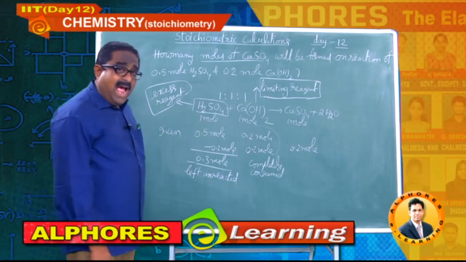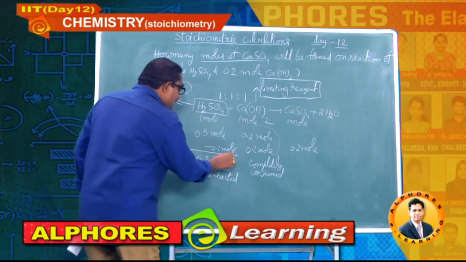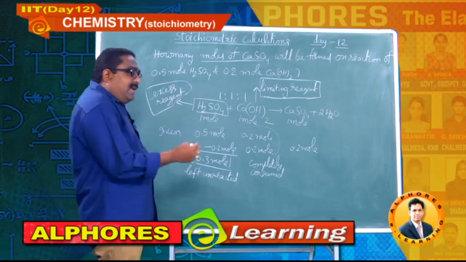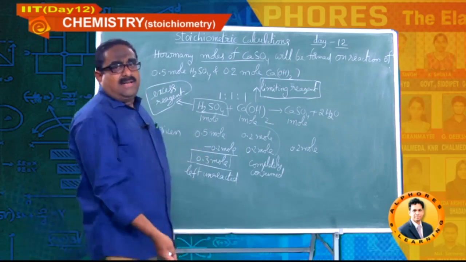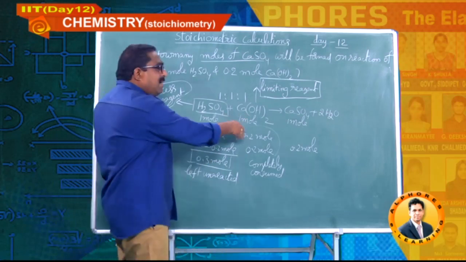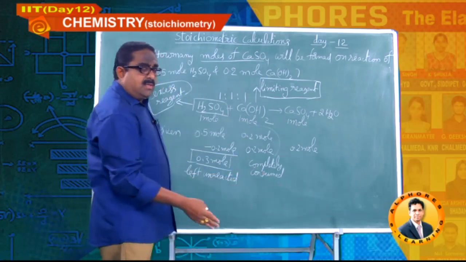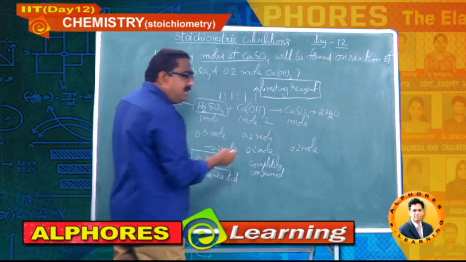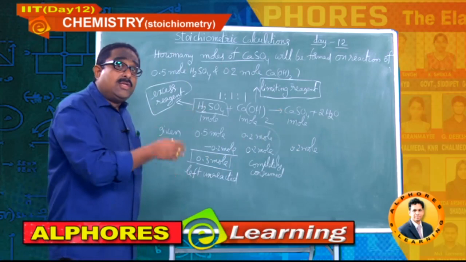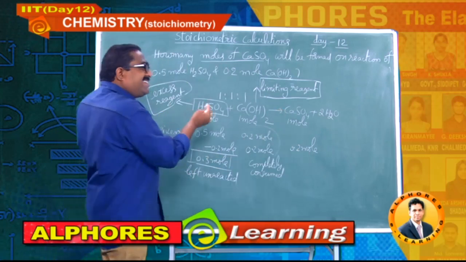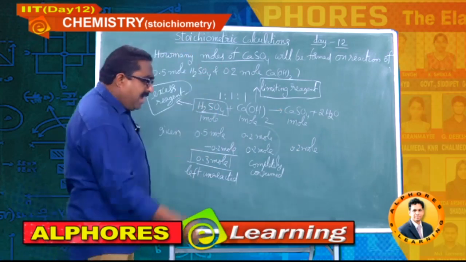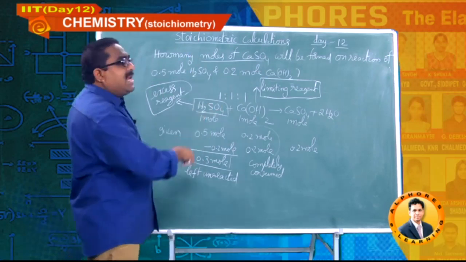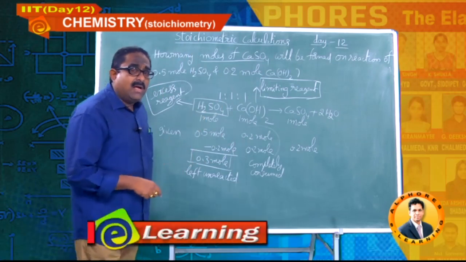Your answer in such a case is 0.3 moles. Only the excess reagent will be left unreacted, and the limiting reagent will be completely consumed. So based on the data, we can estimate the amount of product obtained, and we can also predict how much excess reactant will be left after a reaction. Both things we can calculate based on the same data.